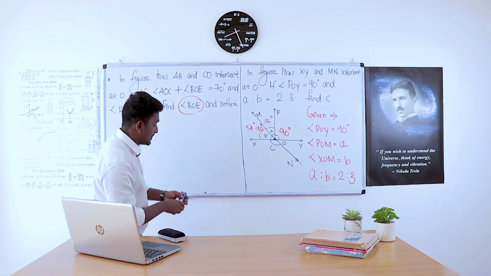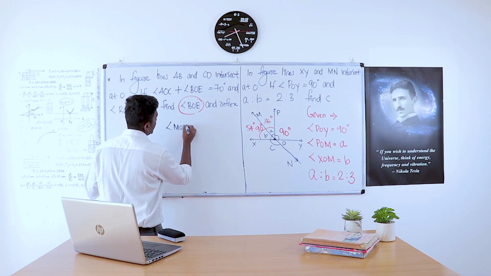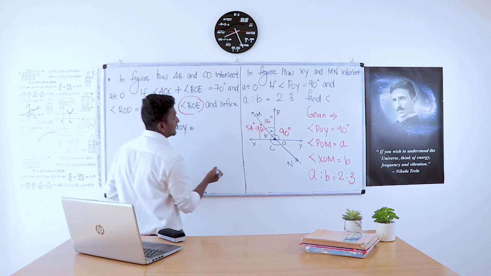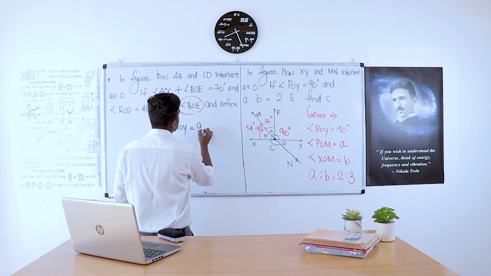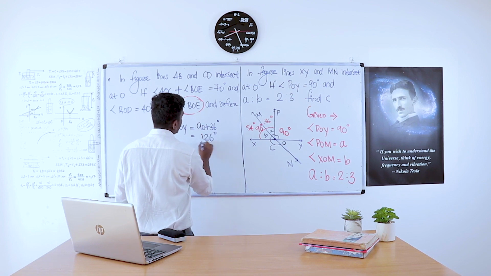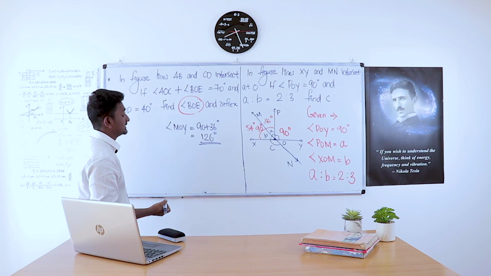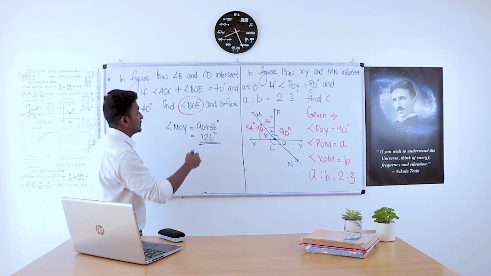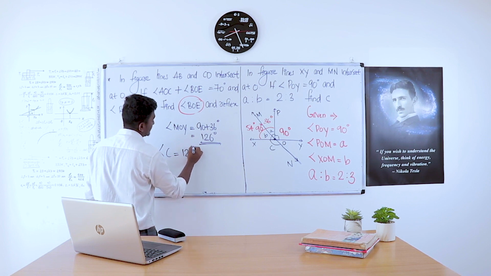Then angle MOY is equal to 90 plus 36, which is 126 degrees. Angle MOY is equal to 126 degrees, which is vertically opposite to angle C. Therefore, we can say that angle C is equal to 126 degrees.